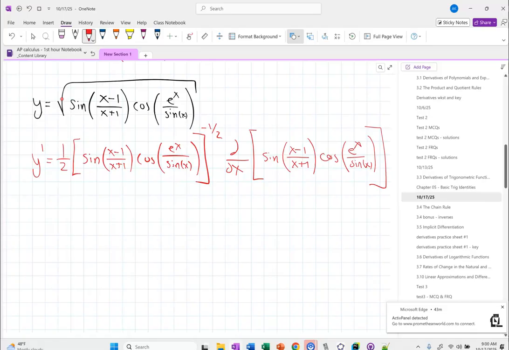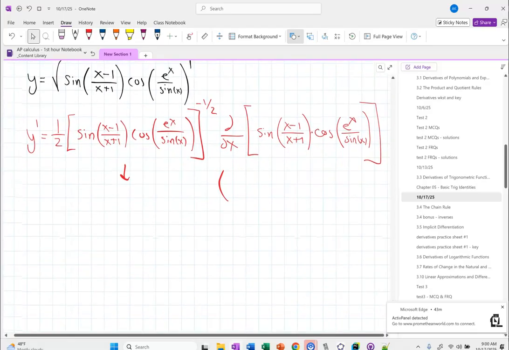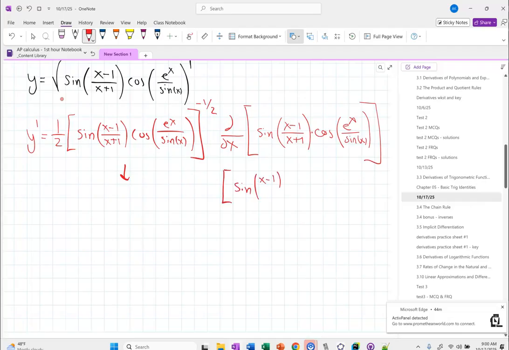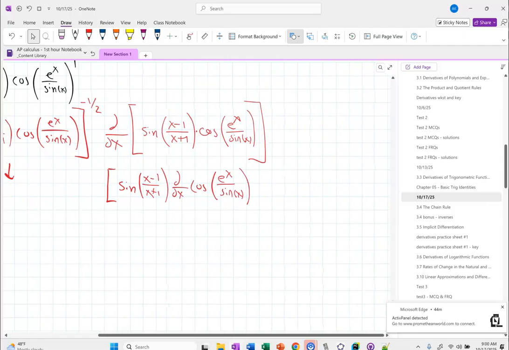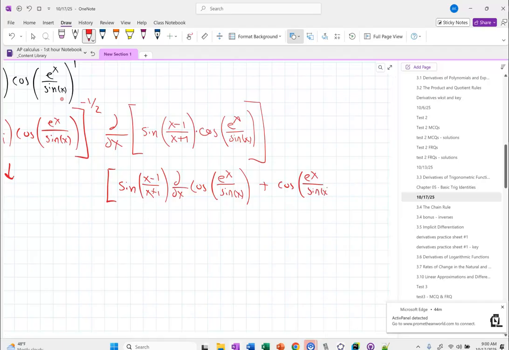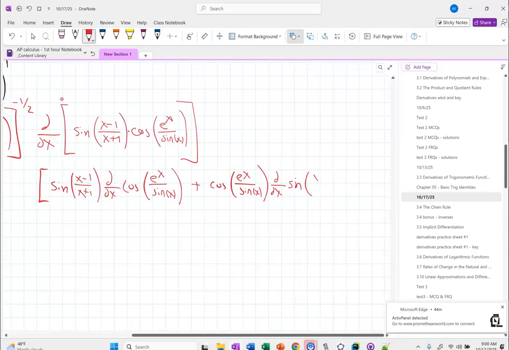The product rule, right? It's the multiplication between these 2 things. Everybody see that? So I'm just going to do this because I don't want to copy it again. So it's going to be times derivative of this plus this derivative of this.